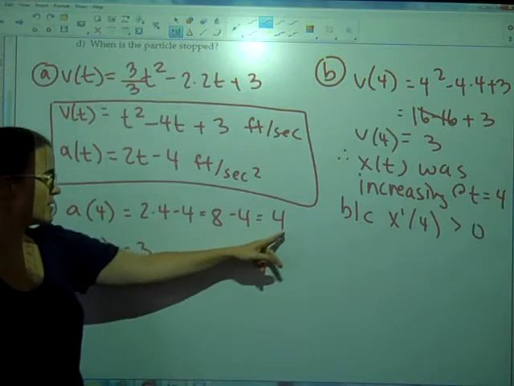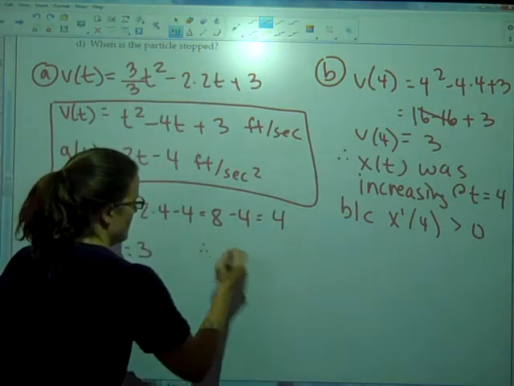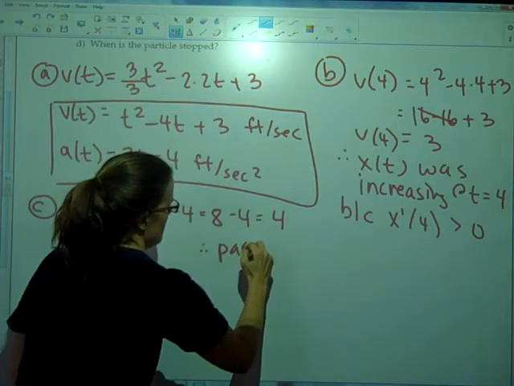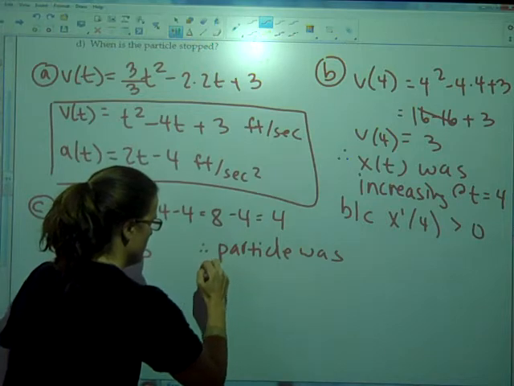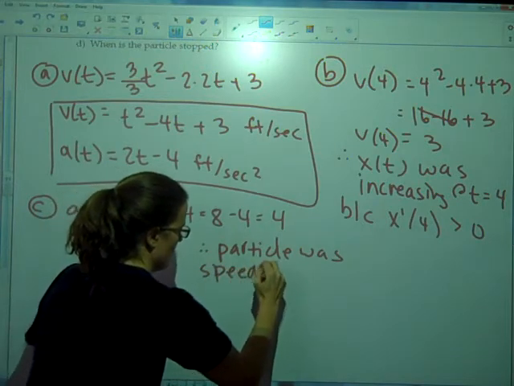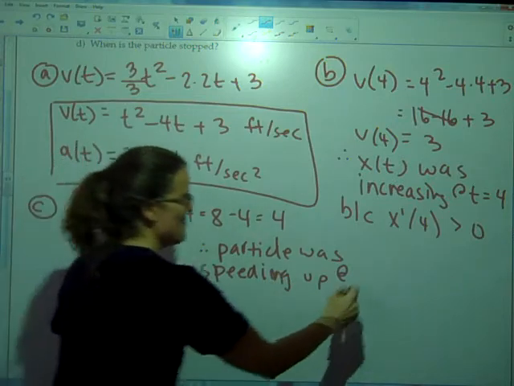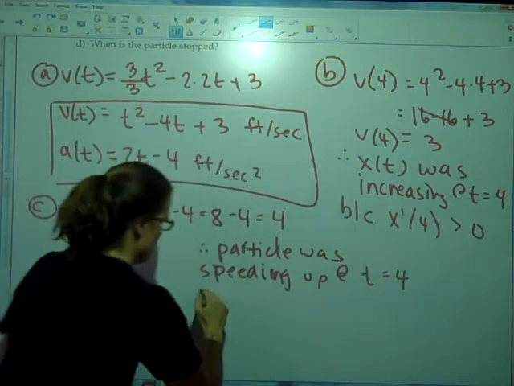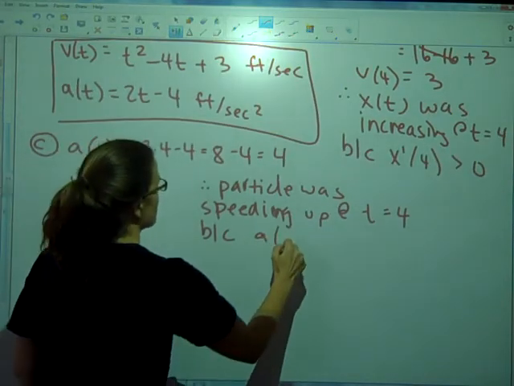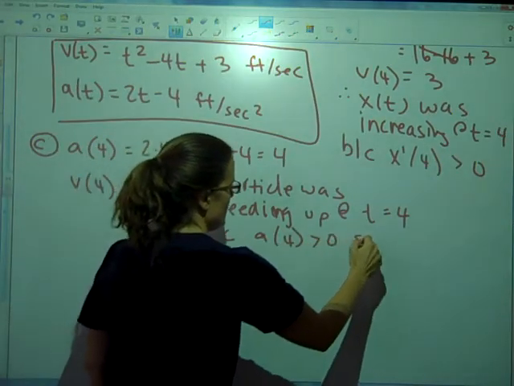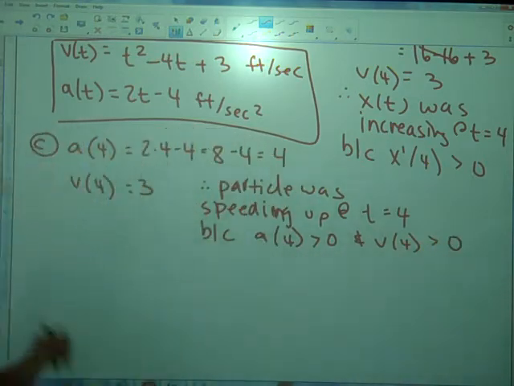Because the acceleration is positive and the velocity was also positive, the particle was speeding up at t equals 4, because a of 4 was greater than 0 and v of 4 was also greater than 0.